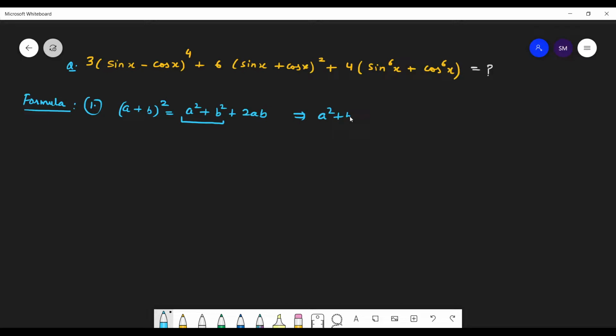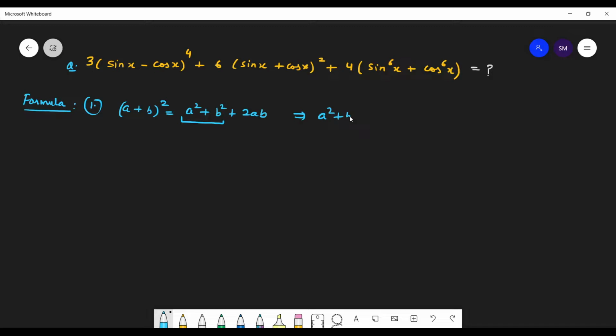So in the same way this term will go that side and will become minus. So a cube plus b cube is equals to a plus b whole cube minus 3ab into a plus b. Okay, so these are the two very important formulas that we are going to use today.